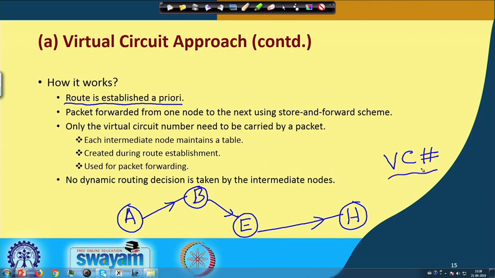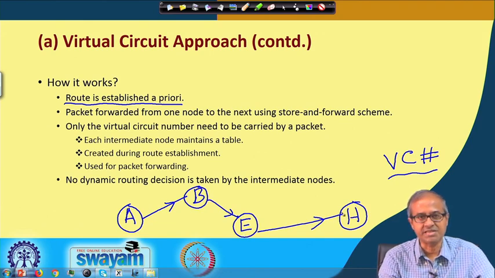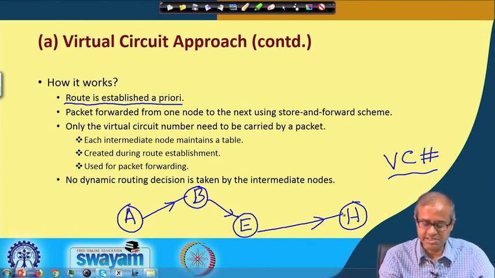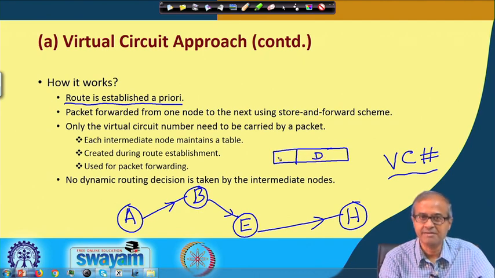Okay. This virtual circuit number will be known to all these intermediate nodes when the connection is being established. So, once the virtual circuit is established, when the packets are being transmitted, you recall I said that the packet will contain the data and some header.